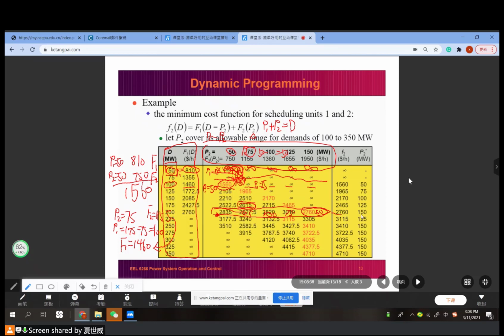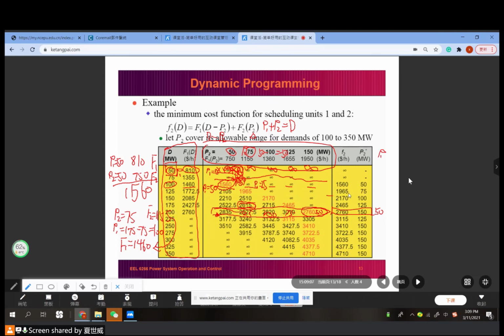So for each row, we just record the best solution here. The best solution to support the 200 total load has a fuel cost of 2,760 and the output of P2 is 150. Of course, you know how much P1 is. It's 50 because the total load for this row is 200.